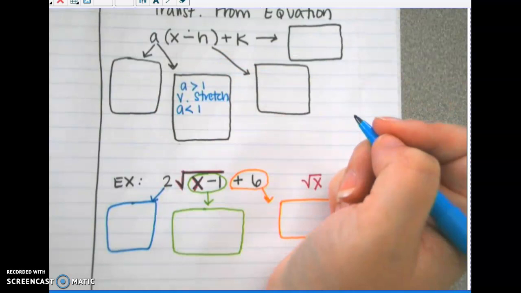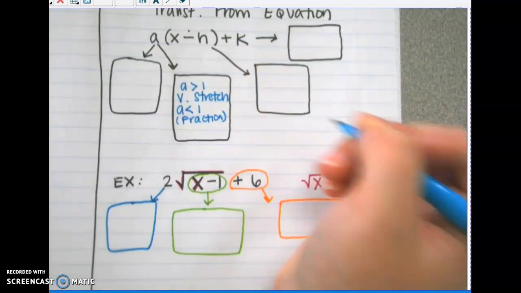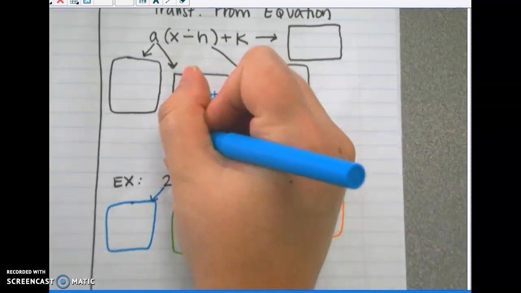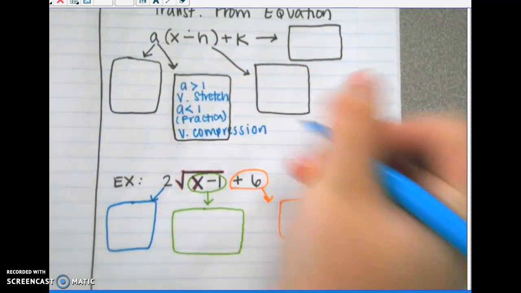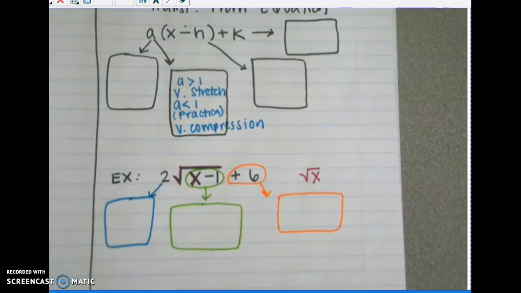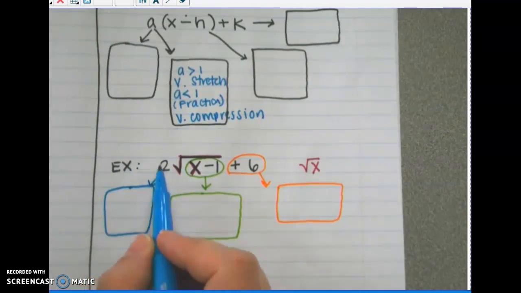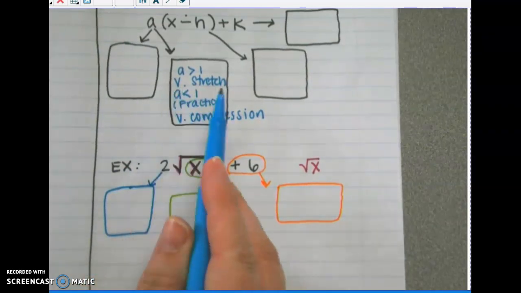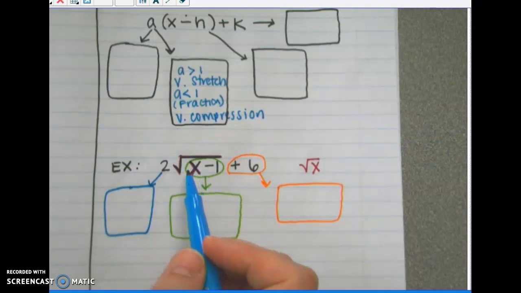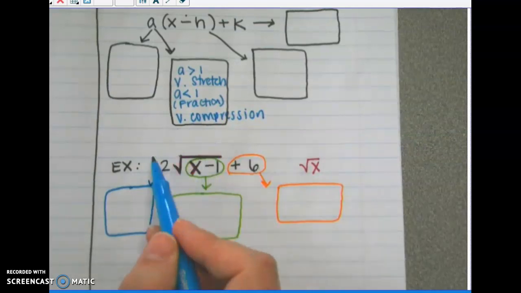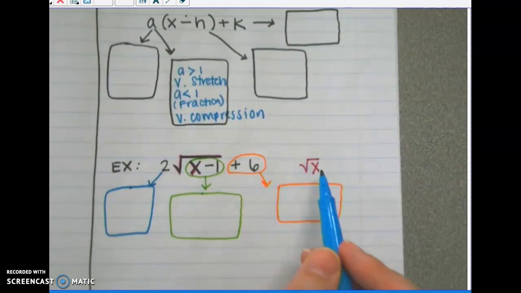And if a is less than 1, and by that I mean like a fraction, so not negative, but if it's between 0 and 1, it's called a vertical compression, and those are in the Desmos activity as well. So we have to be able to look at this and figure out whether it will make the graph skinnier, which is a vertical stretch, or appear wider, which is a vertical compression. And you have access to Desmos, so you can type this into Desmos with the parent function, so you can see the difference between the two.